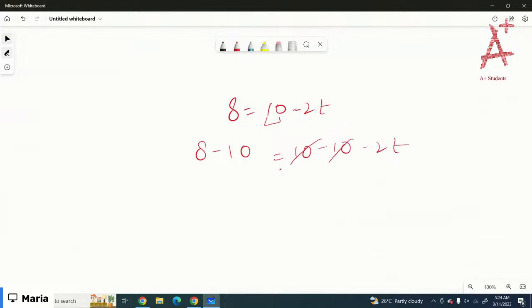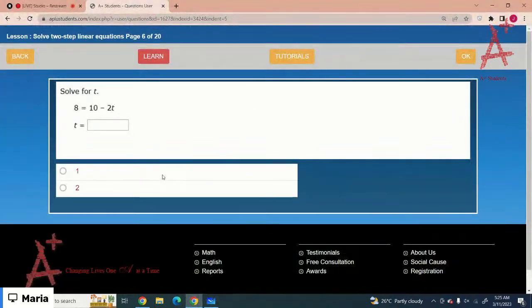So 10 minus 10 makes 0, and 8 minus 10 is negative 2. Negative 2 equals negative 2t. So you have to remove that negative 2, so divide both sides by negative 2. The negative 2s cancel out. You are left with t here. Negative 2 divided by negative 2 is 1. So that means t equals 1. Got it? So the correct option is t equals 1.